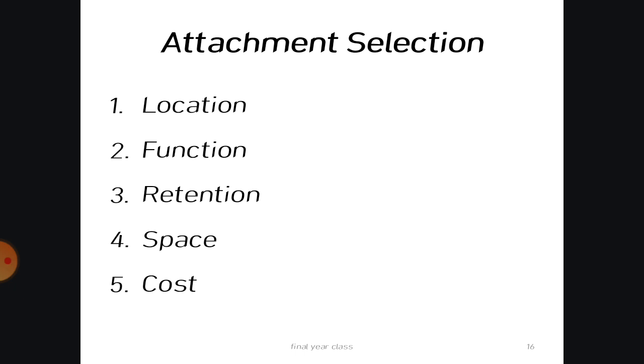Then based on the function, whether you want your attachment to be resilient with a vertical component of motion, or whether you have a solid attachment which you want. So based on that, if you want a solid, you can go for a class 1 with the lock or without lock, depending upon the subcategory A and B. If you want vertical motion, that is resilient, then you will go for class 2.